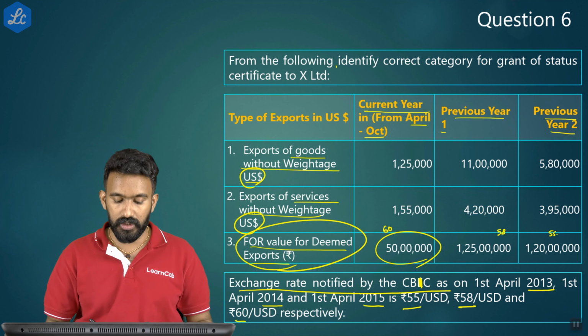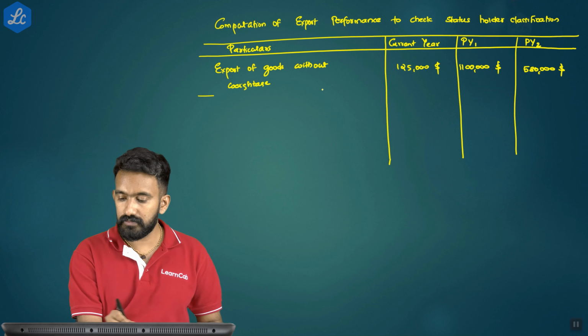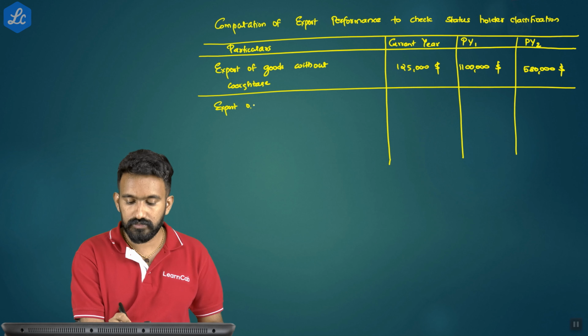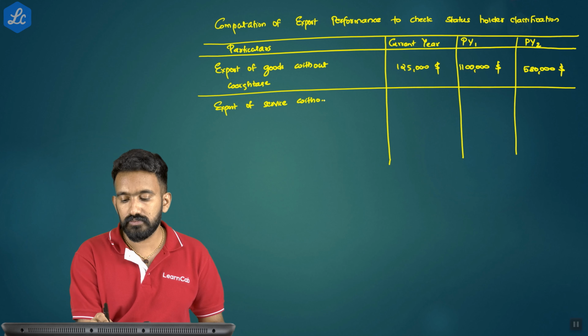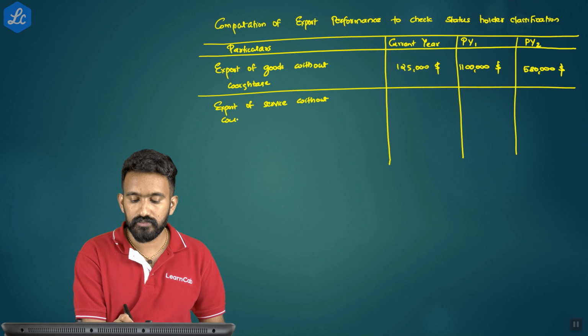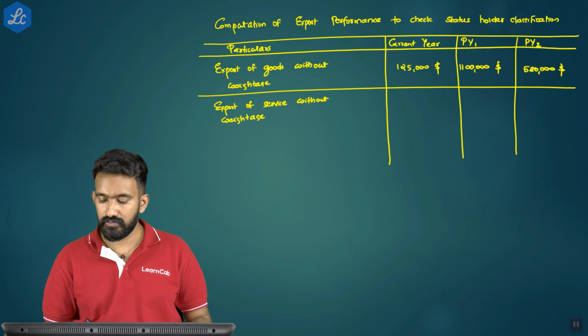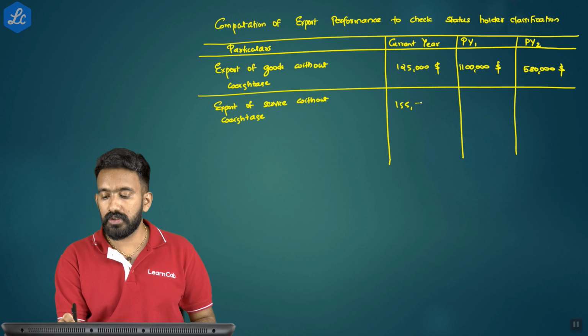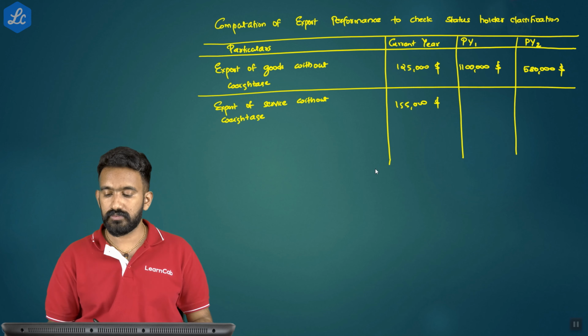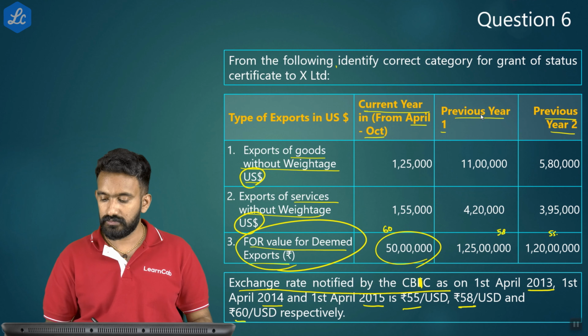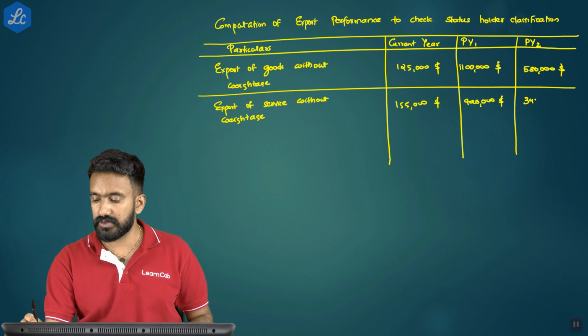Then export of service without weightage: $1,55,000, $4,20,000, $3,95,000.